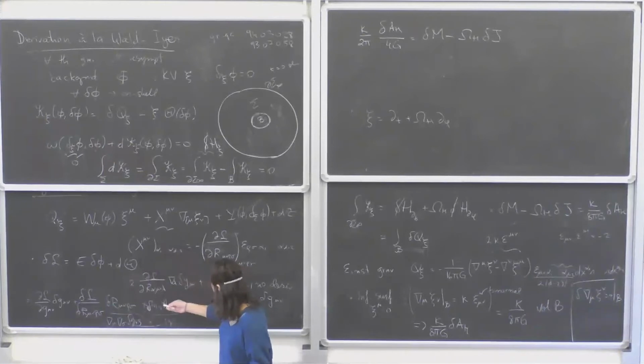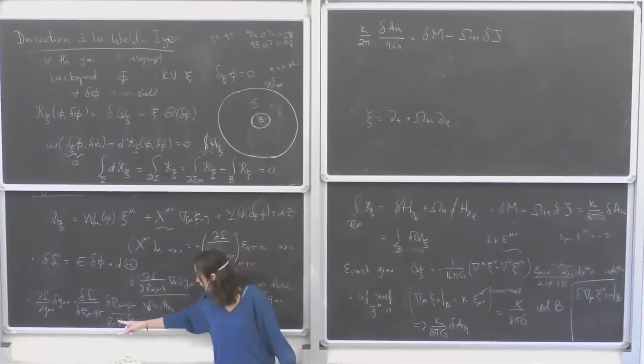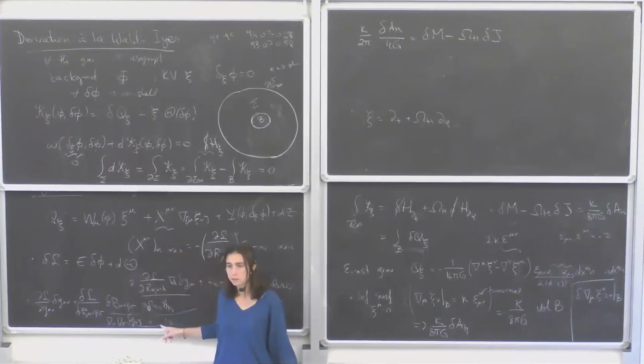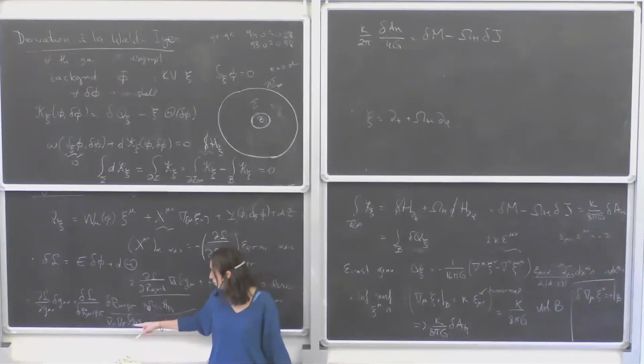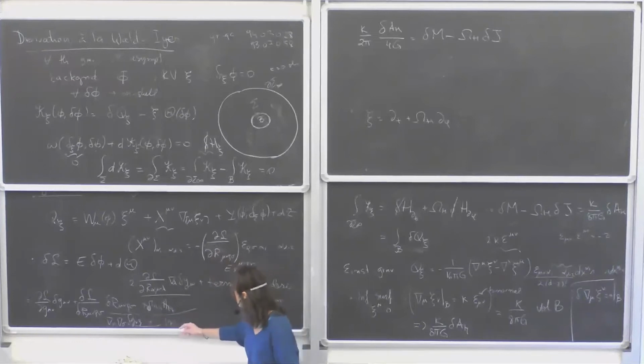And the claim is that what you're picking up is precisely this. So you integrate by parts once, you get d mu of this thing.